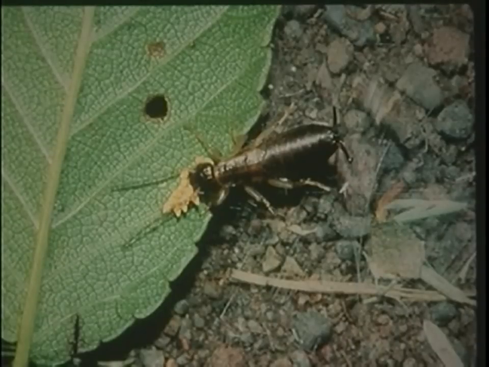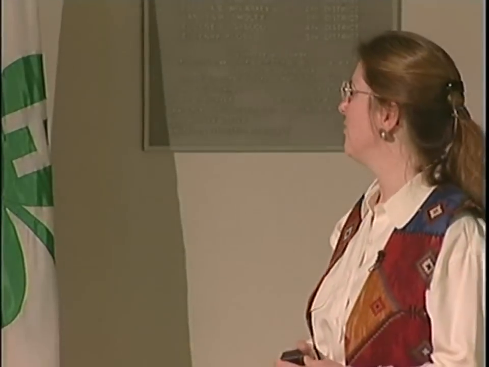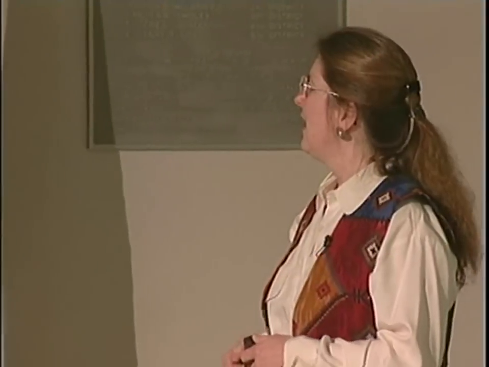Now here's a nice little predator. You know what this is? It's an earwig. And do you guys consider this a beneficial in your garden? No, it gets a very bad rap, does the earwig. In fact, the earwig is an omnivore, and it likes to feed on plants sometimes, but it also likes to feed on other insects.